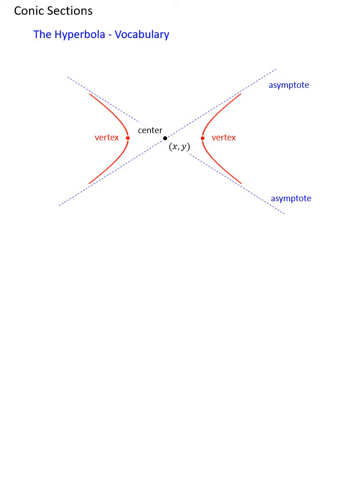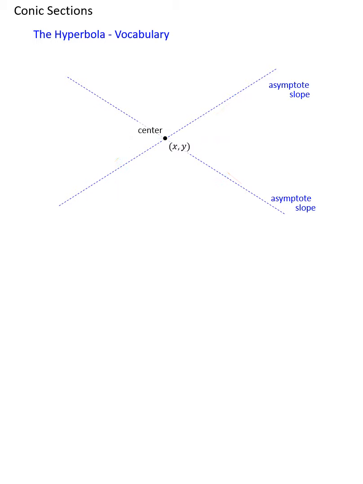If we can find the location of the center, and we can find the slope of the asymptotes, then we'll essentially have a framework that holds this hyperbola in place. And if then, as a third component, I can find the distance from the center to the vertices, then I'll essentially have an exact known location for my hyperbola.